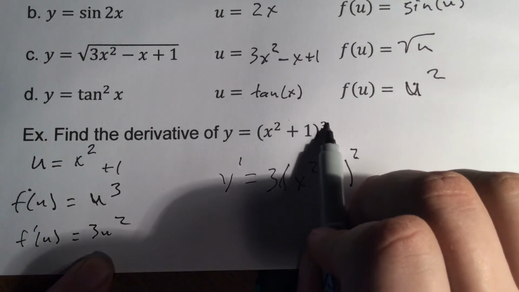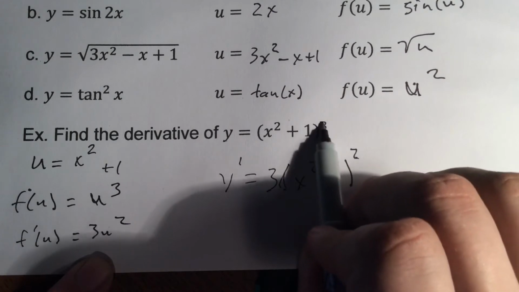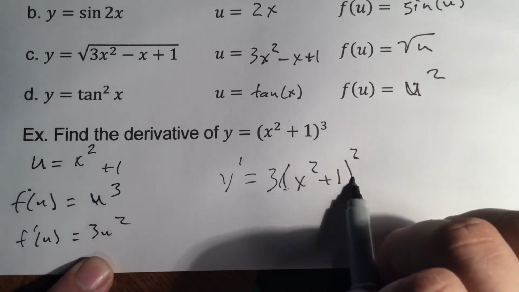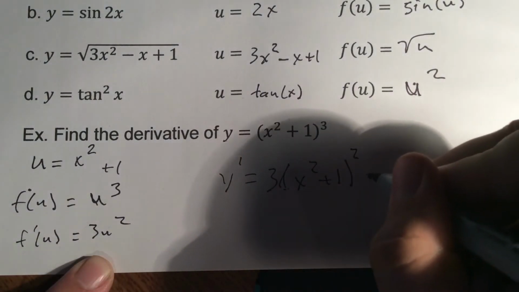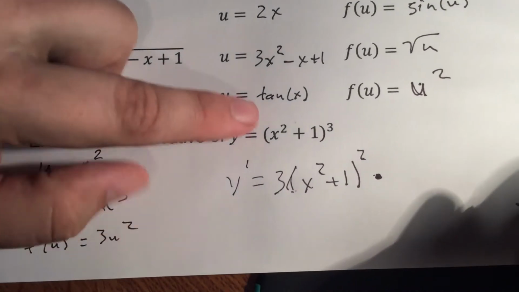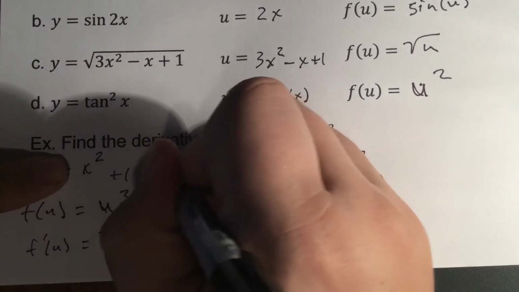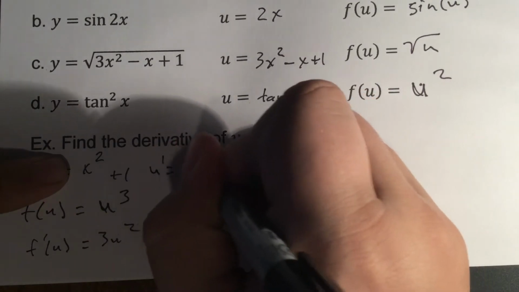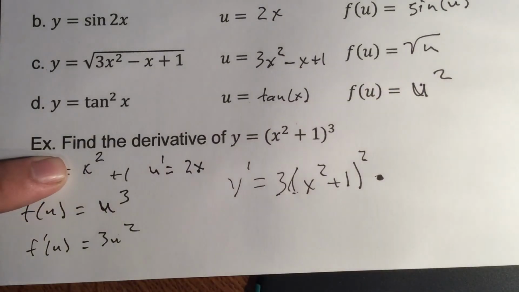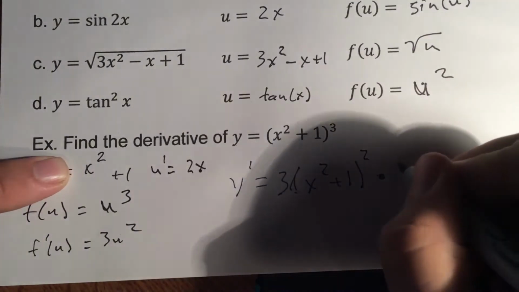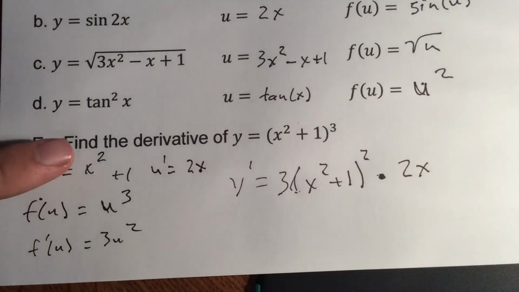So our power rule here, the 3 comes in front, we subtract 1 from it. So this is the first part of it. And then we times, so this is where the chain rule comes in, derivative of the inside. If we do derivative of x squared plus 1, u prime would go to 2x, and the 1 would disappear because derivative of any constant is 0. So we're going to have a times 2x on this back side.